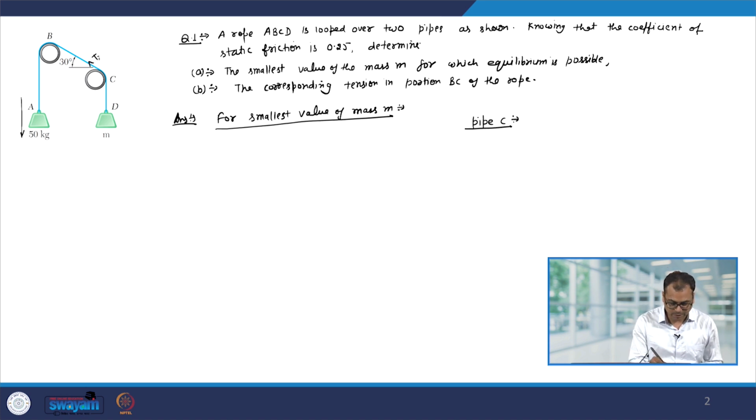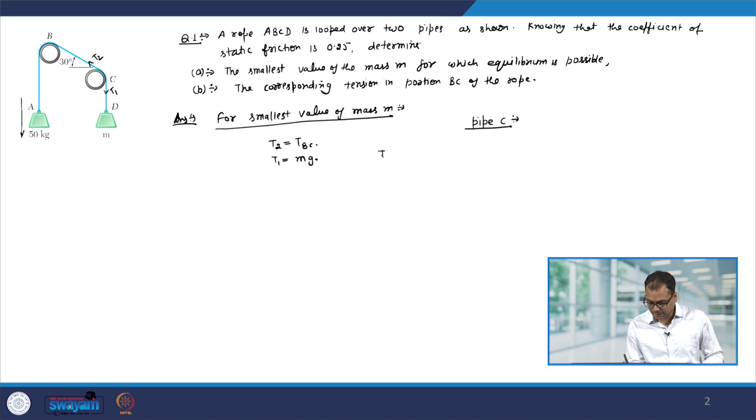Therefore, this can be taken as T2 and this can be taken as T1. So, T2 will be T BC and T1 will be m times g for this pipe.